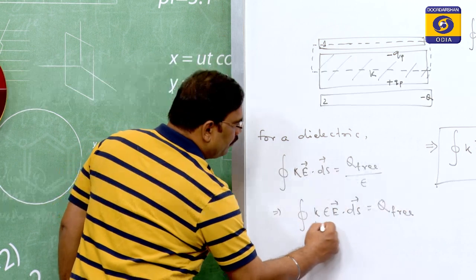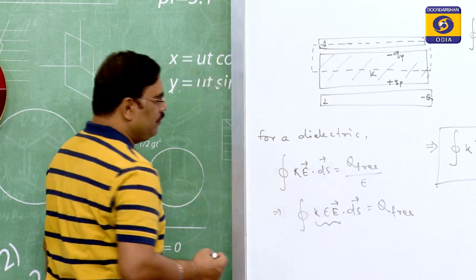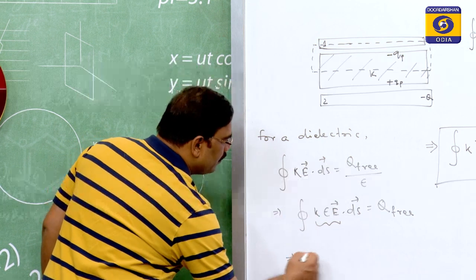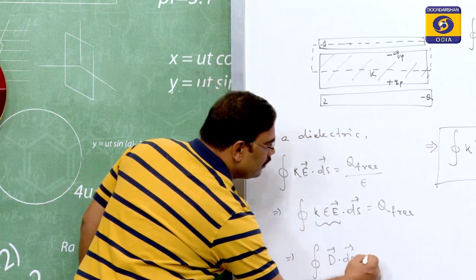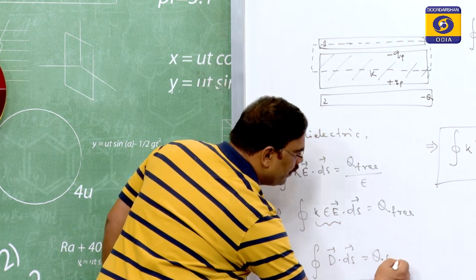And what is this one? K epsilon E, this is nothing but my D dot ds equal to Q free.